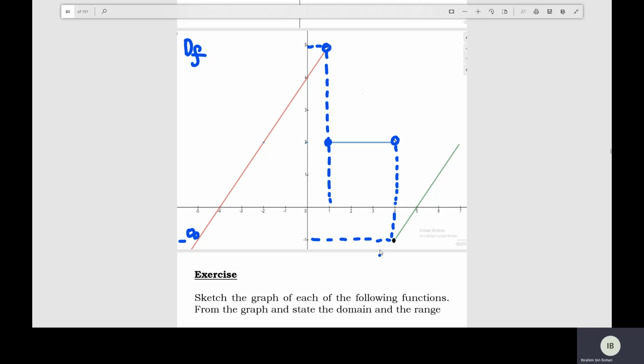X equals 1 exists. And continue to the 4 exists, 5, 6, 7 to positive infinity. So this one you put the arrow. So the domain of this function is defined for all the real numbers, negative to positive infinity.